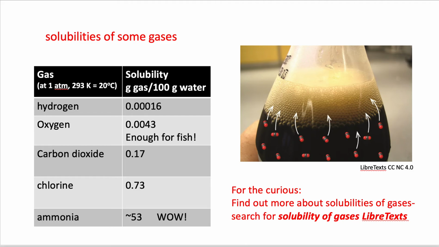Oxygen, 0.04 of a gram in 100 grams of water, but it's definitely enough for fish and other aquatic animals. And wow, look at ammonia at the bottom. And pause to look at the suggestion for the curious to find out a bit more to research solubility of gases.